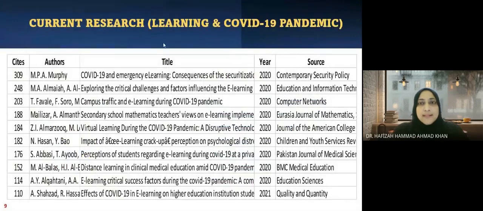This is the top author list related to this study on online learning and the COVID-19 pandemic. The first article was published in 2020 in Contemporary Security Policy, on COVID-19 and Emergency E-Learning, by the author Murphy.